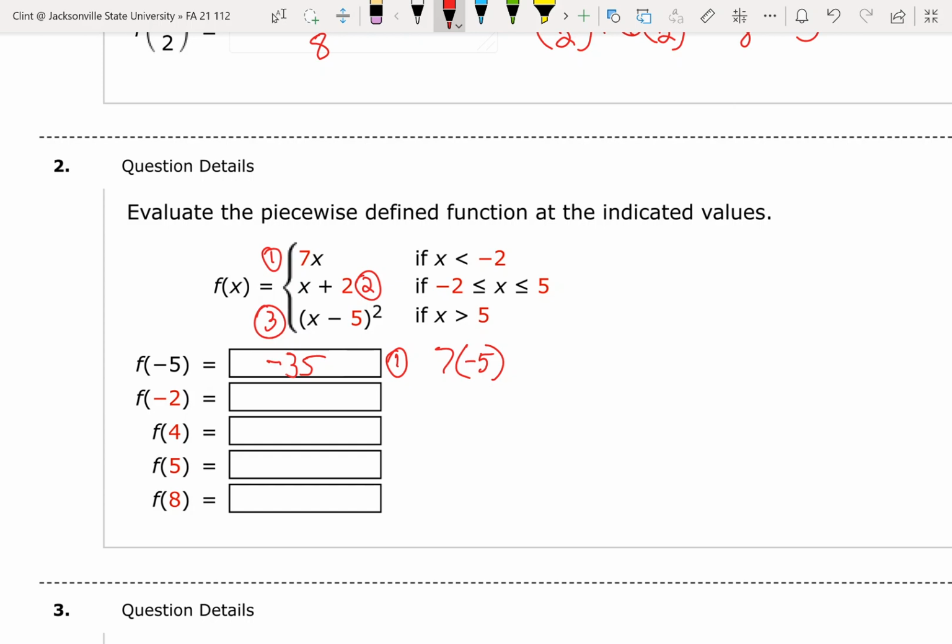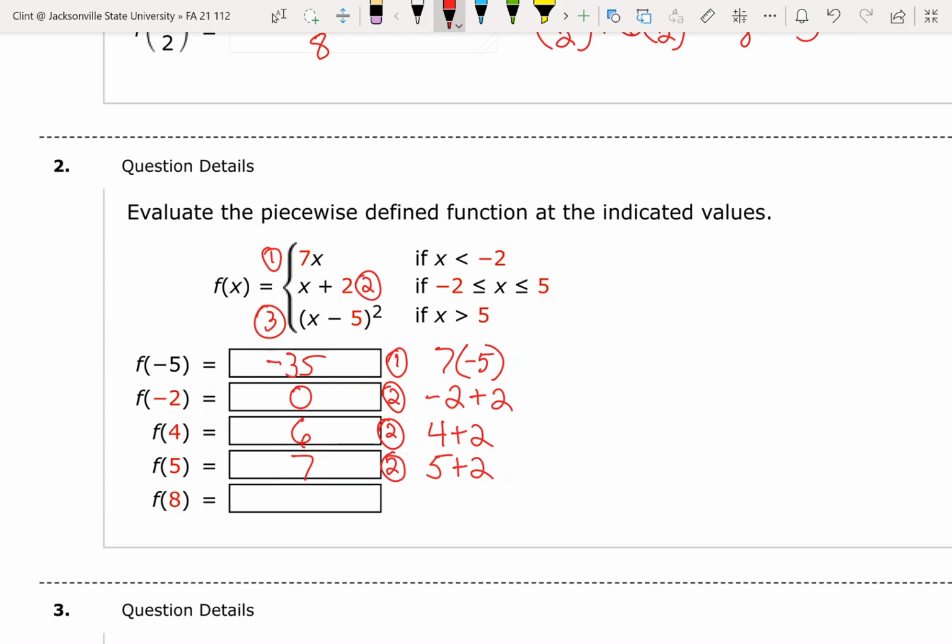-2 will be the middle piece because it says x is between -2 and 5, but that includes -2 and 5. Plug in -2 there, so that'll be -2 plus 2, which is 0. 4 again goes with the middle one. 4 is between -2 and 5, so 4 plus 2 is 6. 5 again is the middle one, since it has the or equal to bar there. 5 plus 2 is 7.